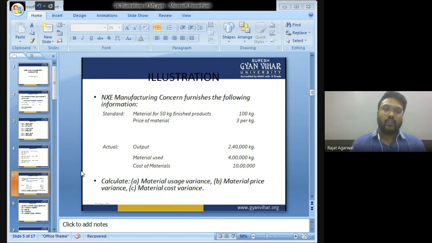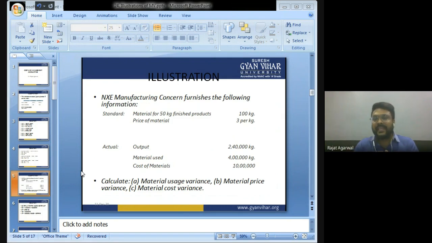Chalo. So it is saying that NXE manufacturing concern has the following information. Material for 50 kg finished product is 100 kg. It means to produce 50 kg of finished product, we consume 100 kg of raw material.